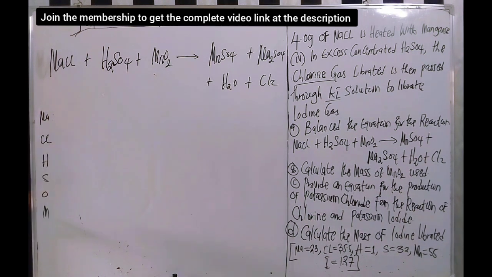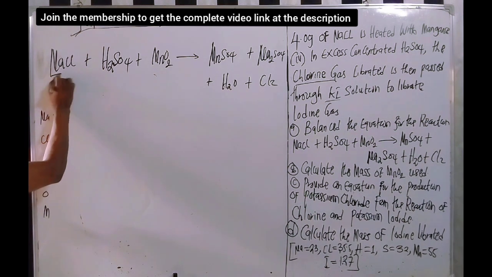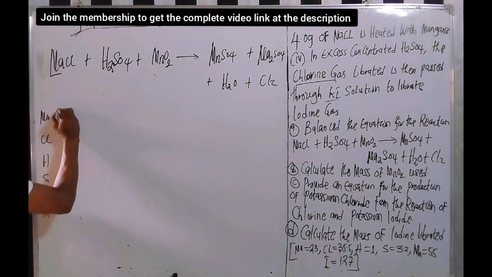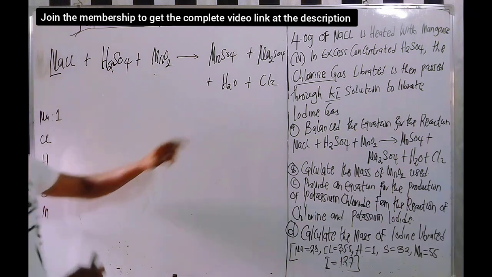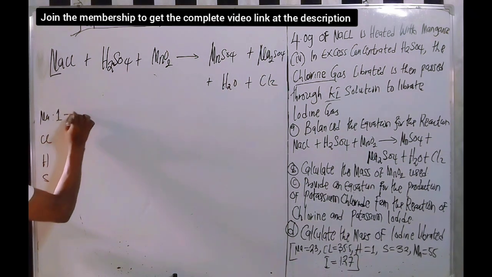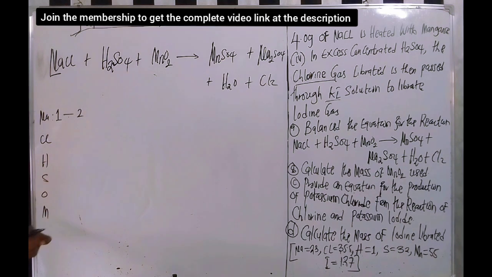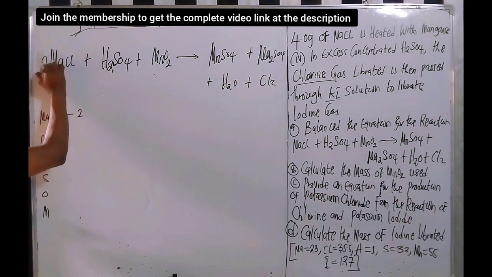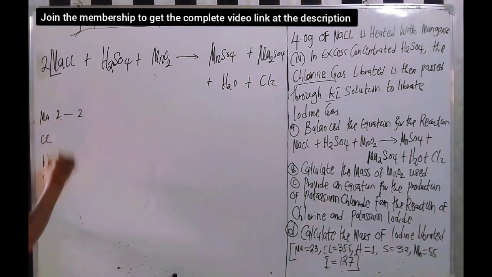How do we do that here? How many sodium do we have? On the reactant side we have 1 sodium. On the product side we have 2 sodium. So for me to make them the same, I have to put 2 here. So it's balanced, right?